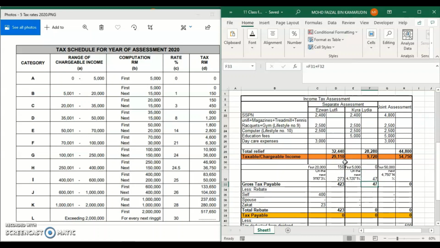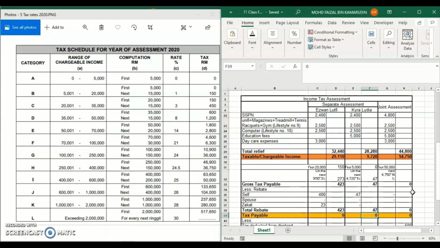So then she has to pay another 47 ringgit. Self rebate, yes, she's entitled to it, because less than 35,000. But the maximum she can claim is up until 47 only, because here the tax payable is only 47. If you put 400 here, it is as if LHDN is owing you. So it becomes zero. As for zakat, no need to claim anymore because this one is zero.